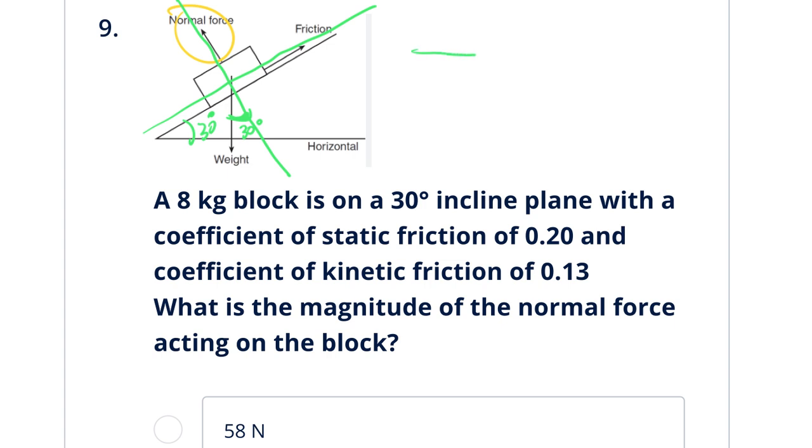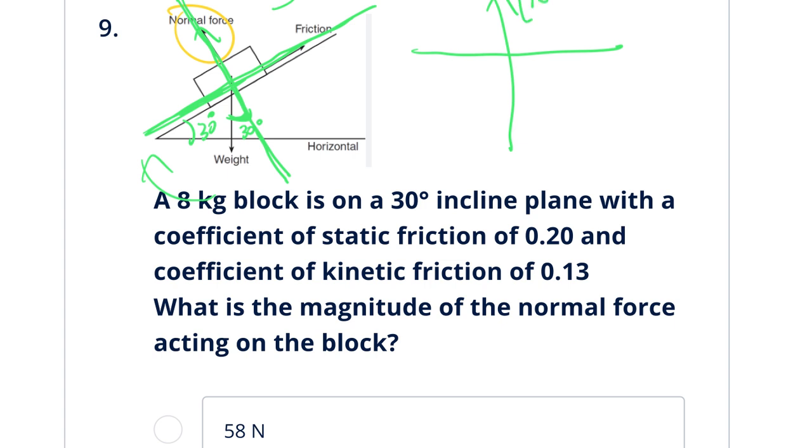Okay, let's straighten this out. So what I do is tilt it a little bit so that the cross is straight instead of crooked. You do your XY axes so that the y-axis goes through the normal force, and the x-axis goes along the ramp surface.